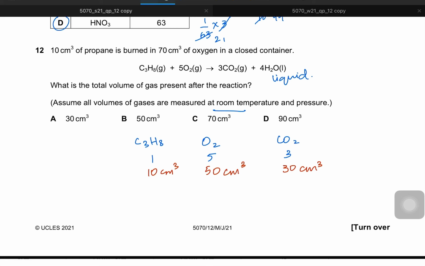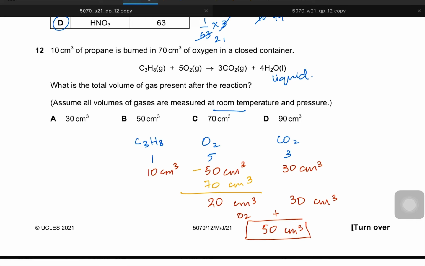If you had originally 70 centimeter cube oxygen, you subtract the 50 because it has reacted, and what is the remaining? 20 centimeter cube of oxygen remains, and 30 centimeter cube of carbon dioxide has been produced. So the remaining oxygen is 20, and newly produced carbon dioxide is 30. So total volume of 2 gases is going to be 50 centimeter cube. B is the right answer.